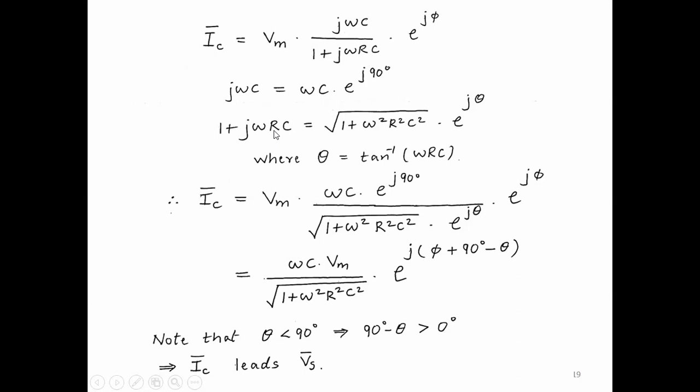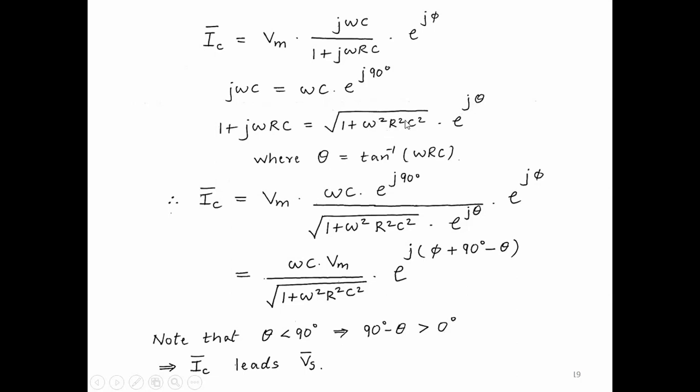The denominator we've done just a few minutes ago. The magnitude is this and the phase is theta equal to tan inverse omega rc. This conversion, I'm sure you've seen before, is basically a conversion from rectangular coordinates to polar coordinates. That's all we are doing here, only we are writing it in a complex form.